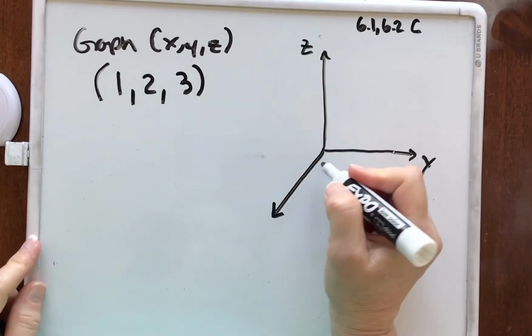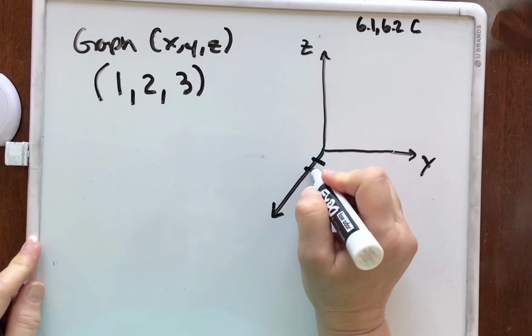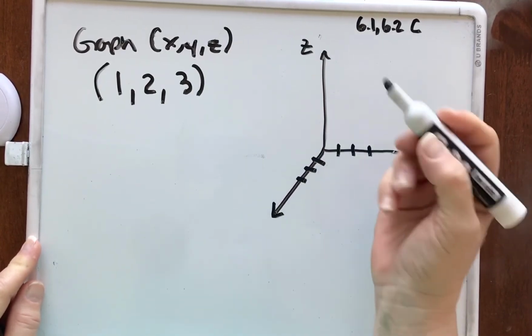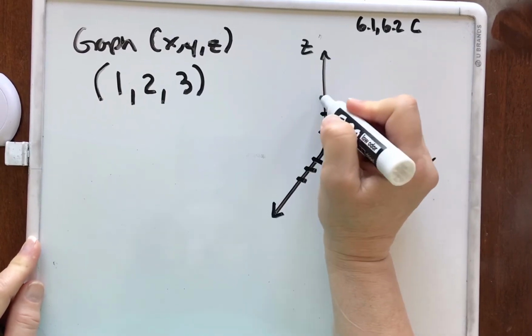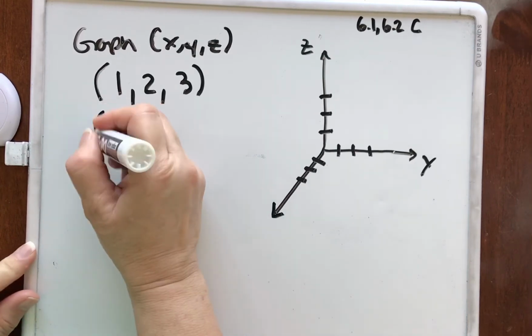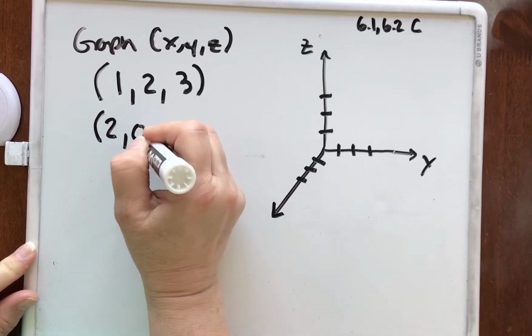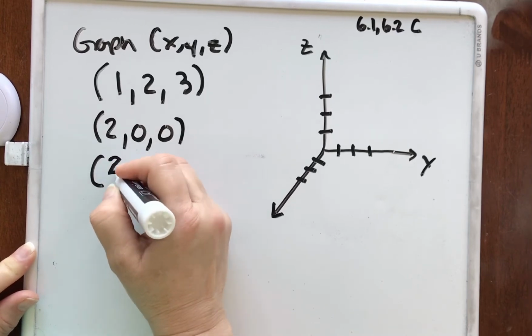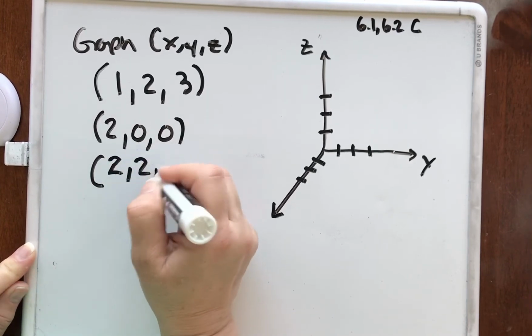To help you get started, we'll make some lines there. So try to graph 1, 2, 3. And then I'm going to give you some more points so you can get some practice at graphing in 3 dimensions.